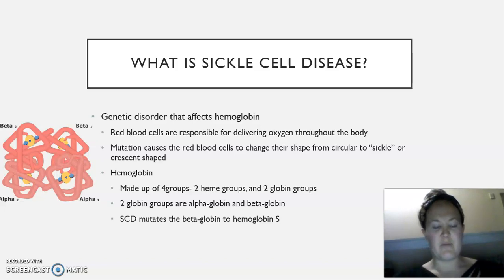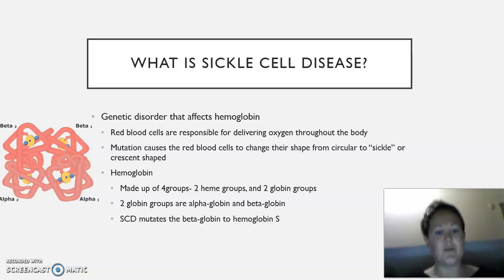And just a little brief background on hemoglobin, if you're not 100% familiar with what it's made up of. It has four groups. It's got two heme groups and two globin groups, and each globin group has an alpha and a beta.